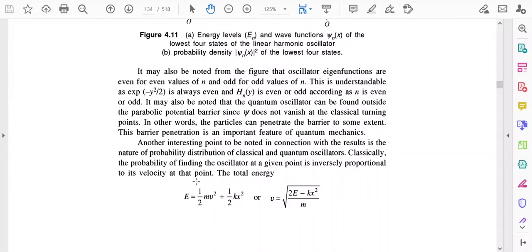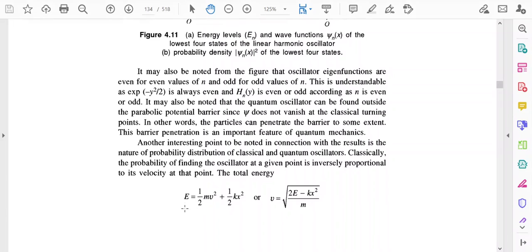The probability of finding the classical harmonic oscillator is maximum at the turning points and minimum at the position of equilibrium. Classically it can be shown that the probability of finding the oscillator at a given point is inversely proportional to its velocity at that point.